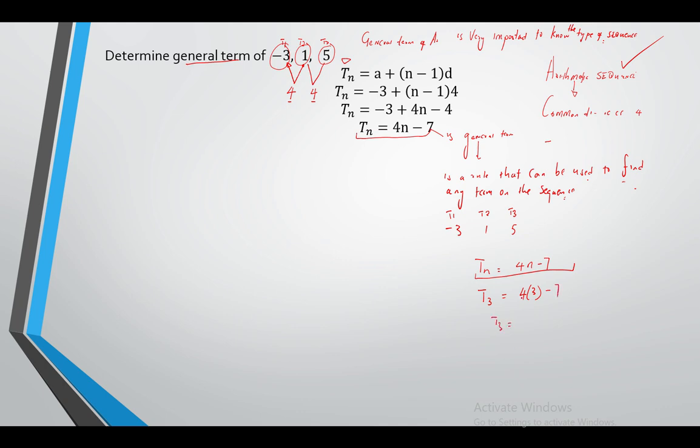T3 equals 4 times 3, which is 12, and 12 minus 7 is 5. So term number 3 is 5. The general term is a rule to find any term on the sequence. If they say to me, find term 20, where there is n, I will simply put 20.